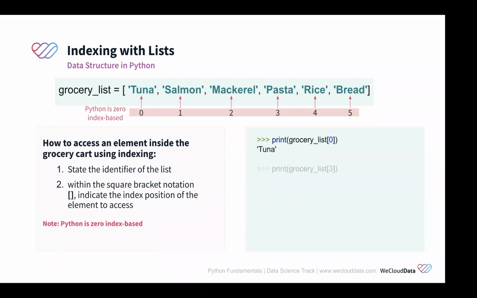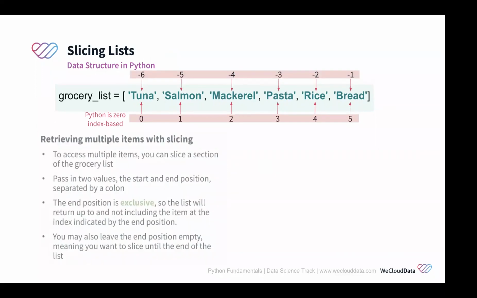And 3 basically returns the 4th element, and in this case, it's going to be pasta. So that's how we access a value in the list. Because the list is ordered, every time you provide an index, you're always going to be able to access the same element.